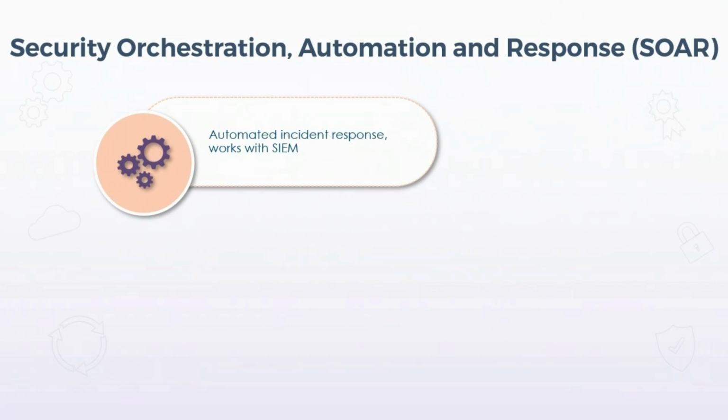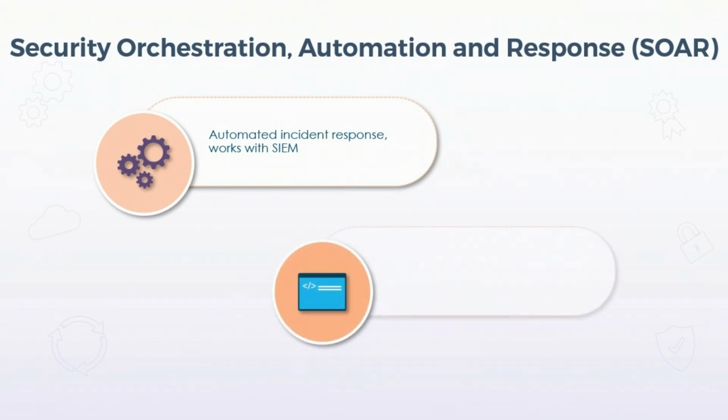So if we have our SIEM system that detects something that looks suspicious, we can have a SOAR solution that automatically does something about it. The idea here is that we can have automation via what's called a playbook, so instead of having technicians physically solve a problem as it occurs, and that's still very important, a SOAR playbook can do that in an automated fashion, which might actually reduce incident response time.